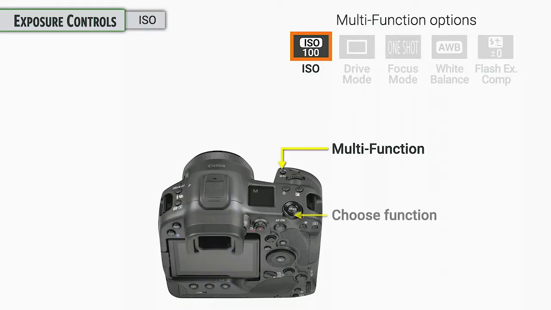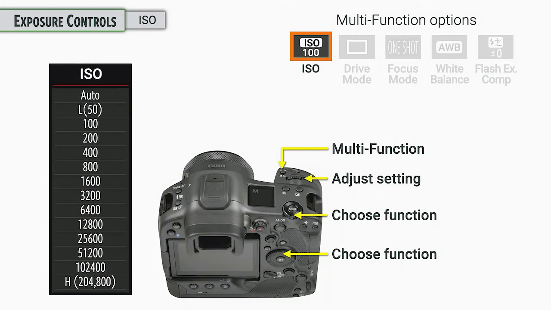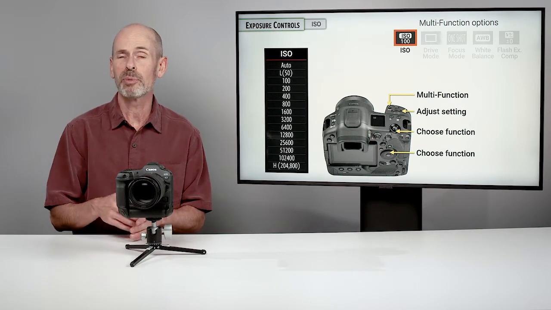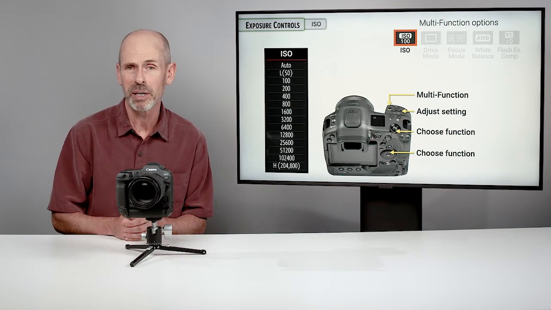So when you press that button, you can either hit the quick control dial 2 on the back of the camera to change which function you're selecting, and then you can use the main dial to change that particular function. So if you leave it in the ISO mode and then you just press the button, change your ISO and go back to shooting photos, well, it's going to stay in the ISO mode and it's always going to be there when you press the button back.